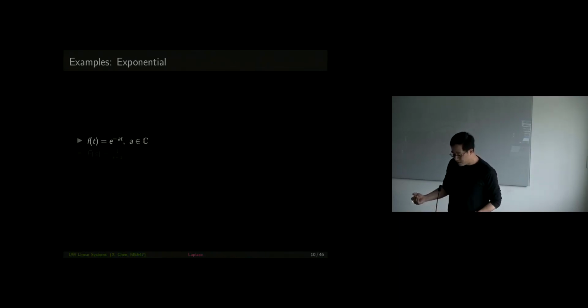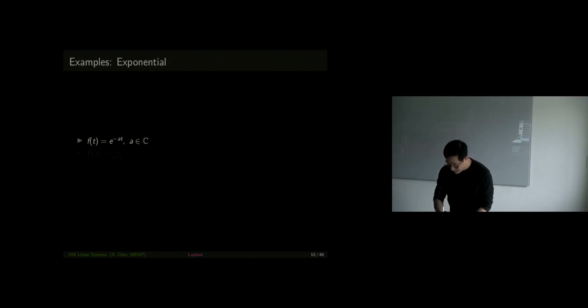Now let us do some simple exercises and take a look at some typical signals in practice. The first is an exponential function. This is the most basic signal, and if you understand this one, you can relate to many other Laplace transforms.